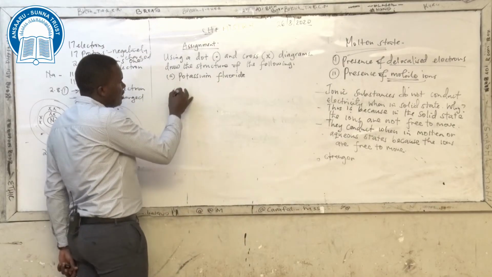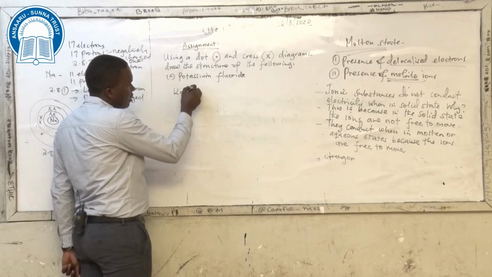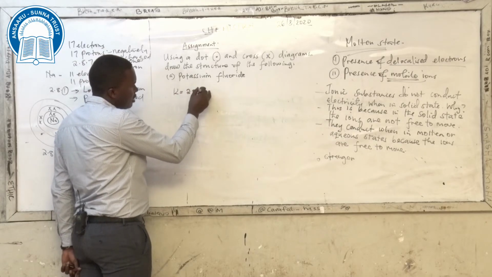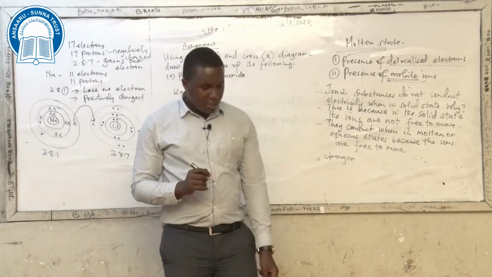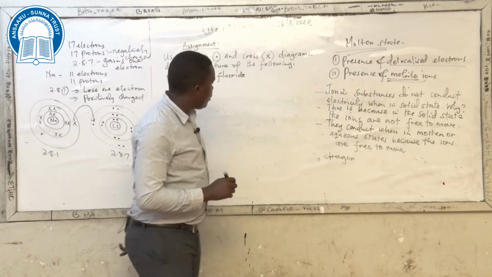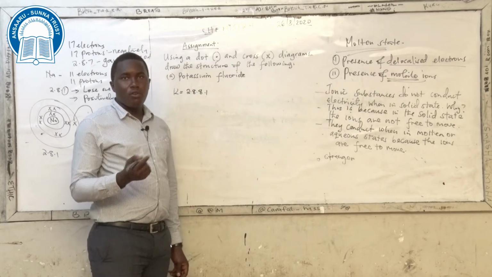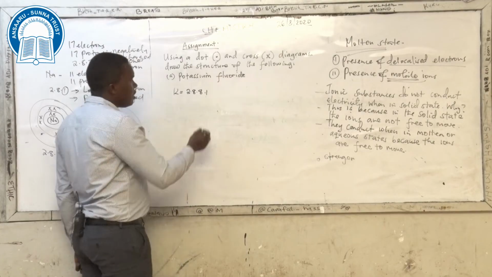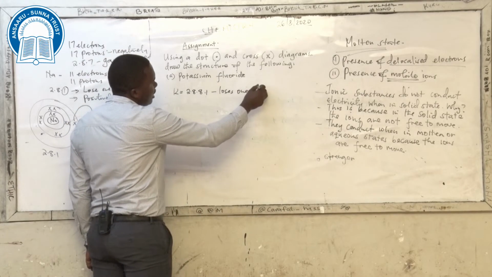We know potassium is atomic number 19 and has a configuration of 2,8,8,1. That's the configuration of potassium. For potassium to form any bond or to react, it needs to lose one electron. So this one loses one electron.